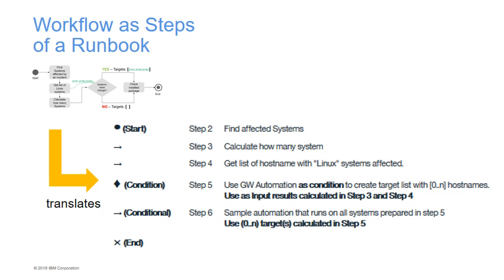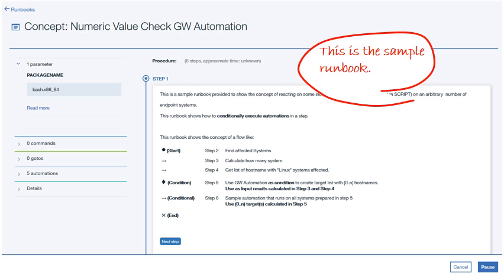This slide shows you how the workflow, as expressed as a diagram in the slide before, is being expressed in multiple steps, in 6 steps of the automation in Runbook Automation. What has been explained as concept in the slides before looks like this in our normal Runbook Automation execution flow.